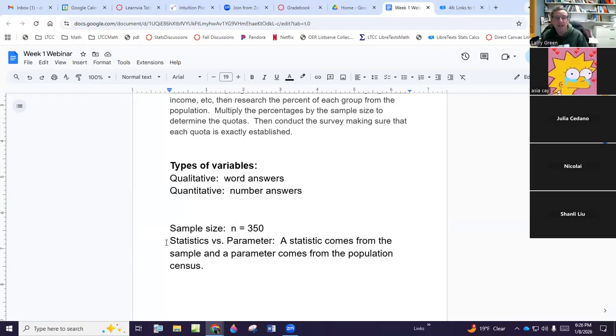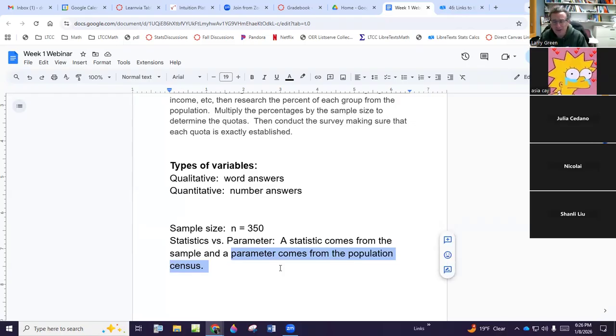Okay, then another thing. These chapters, by the way, there's not that much math in them, but there's a lot of words. So you'll notice we're doing words. Then there's statistic versus parameter. So here's the definition. A statistic comes from the sample, and a parameter comes from the population census.